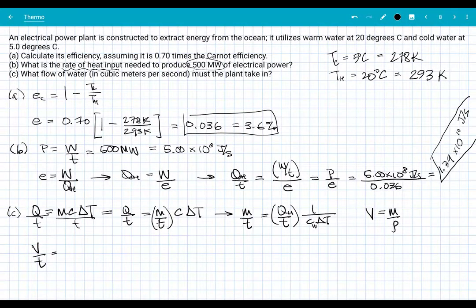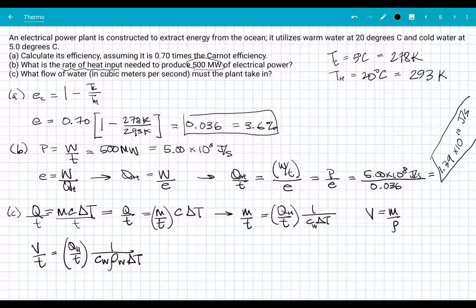So all I need to do is place a density term in the denominator. This is going to be QH over T, which I solved for in part B, times 1 over the specific heat of water, the density of water, and the change in temperature of the water.